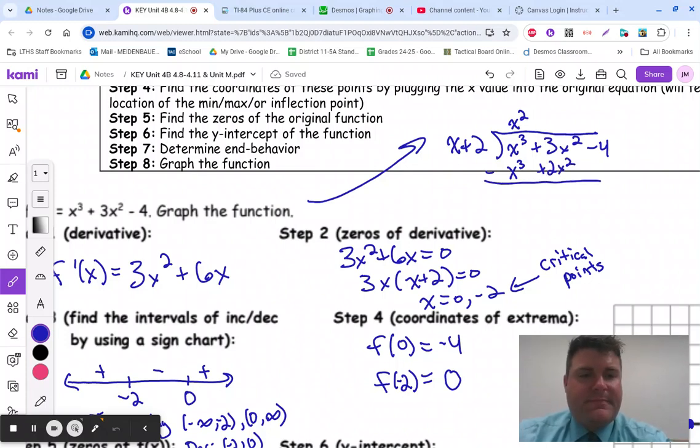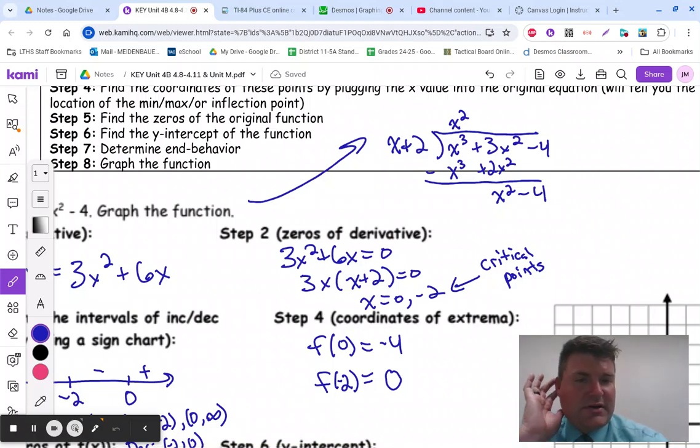And we're going to subtract that, and we're going to get x squared minus 4. And then x goes into x squared x times, so plus x.